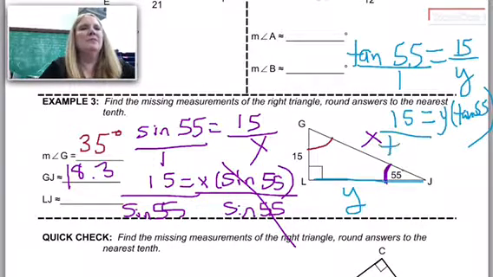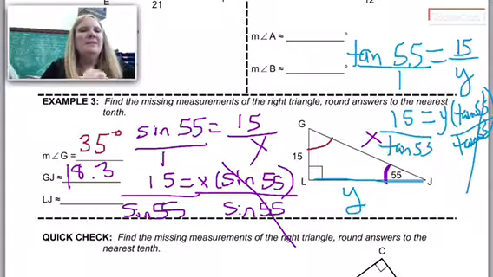So just divide both sides by the tangent of 55. Okay, so we get 15 divided by the tangent of 55, which is 10.5.